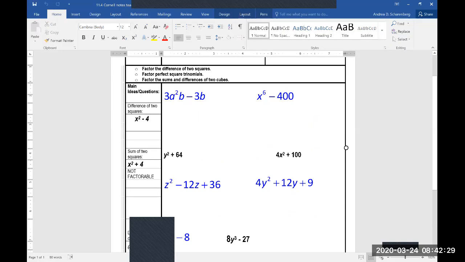So over here on the differences of two squares, you might remember this from a previous lesson when we were foiling, and now we're factoring.